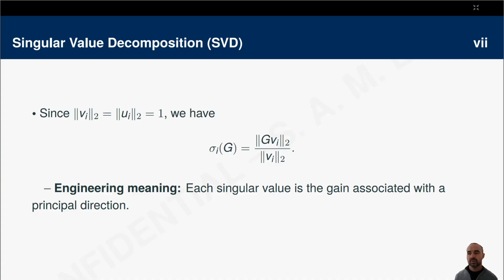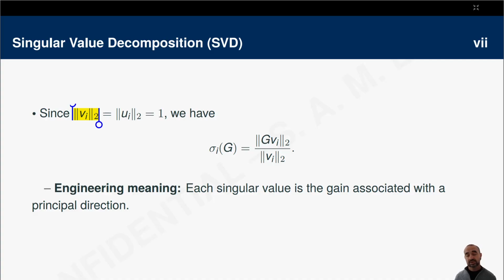Let's talk about sigma_i, the amplification, again. Since the 2-norm of v_i and of u_i are both equal to 1, sigma_i equals the norm of G v_i over the norm of v_i, the output over the input. Its singular value is the gain associated with the principal direction. Singular values are not abstract.